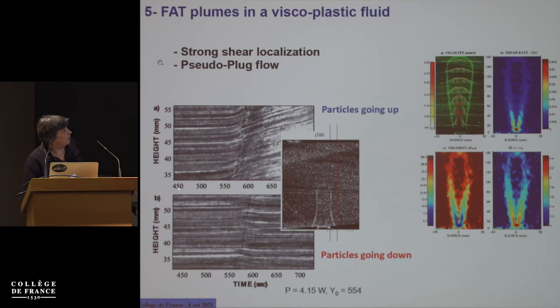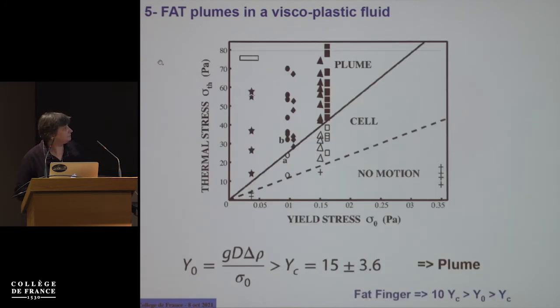Here it's a spatio-temporal diagram, so this is height, and this is time, and on this upper figure, it's on the edge of the plume, and you see that the material, yes, is going up. The particles are going up. But what is very interesting is that very close to the plume, the particles are going down. And if I do the same here, they don't move. So you've localized all the shearing and the mass transfer around your instability, your upwelling.